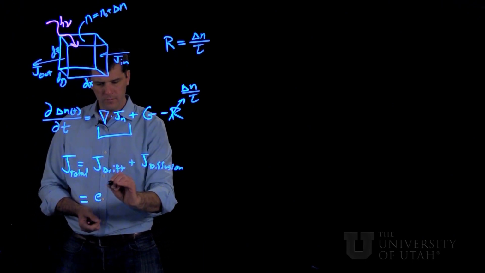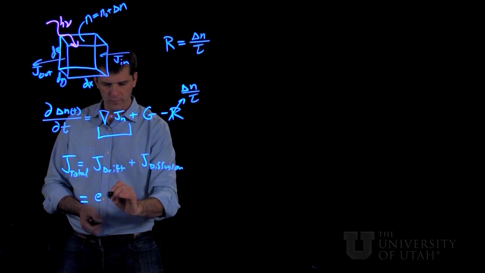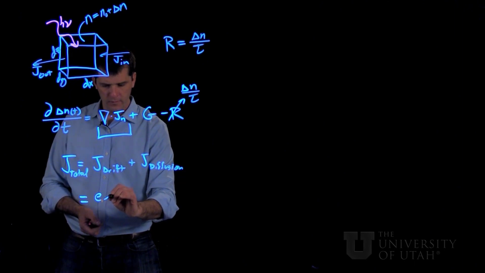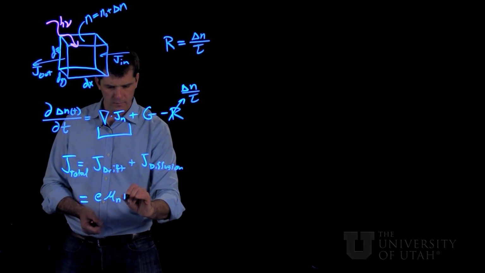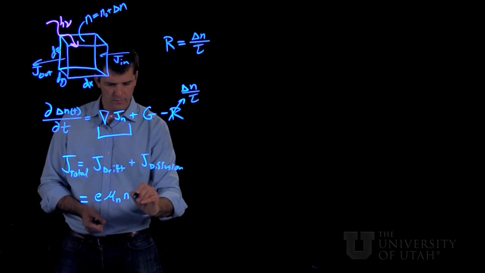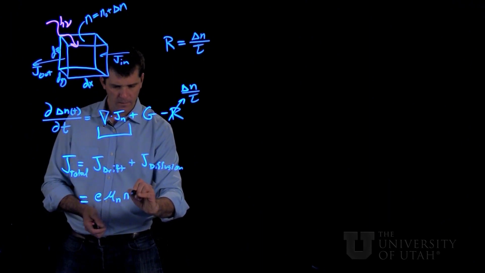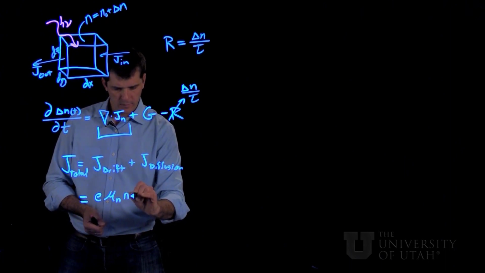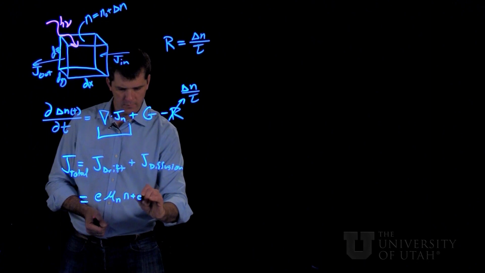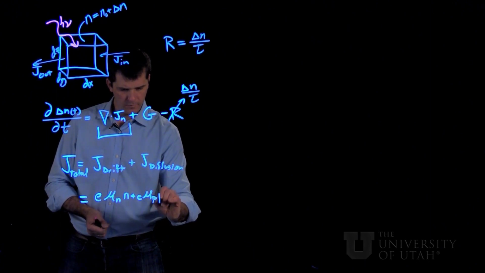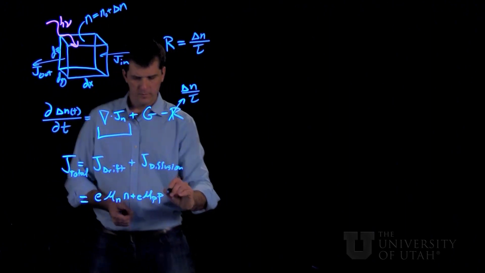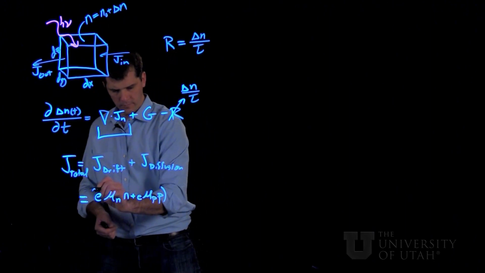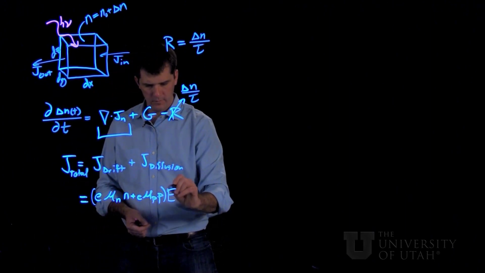So we can write the first one as E mu n times n plus E mu p times p, and then all of this times the E field.